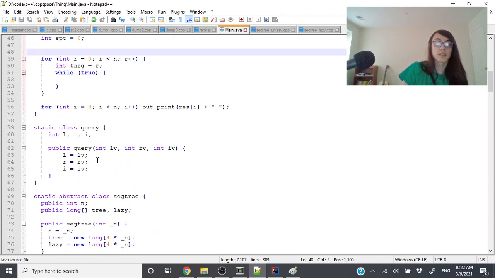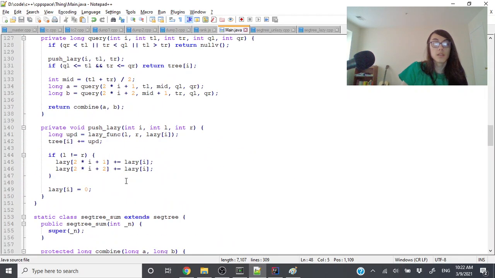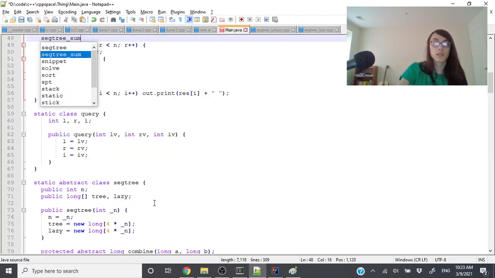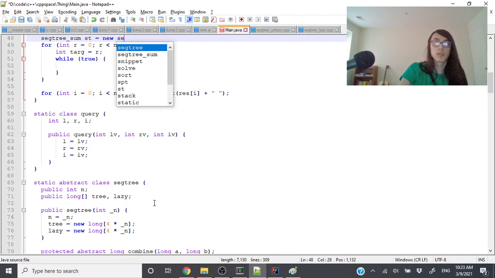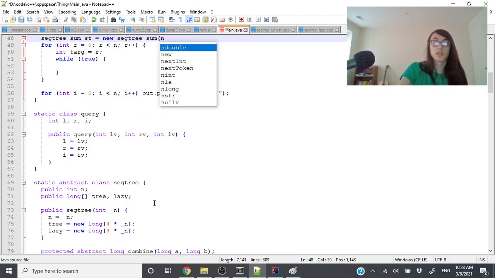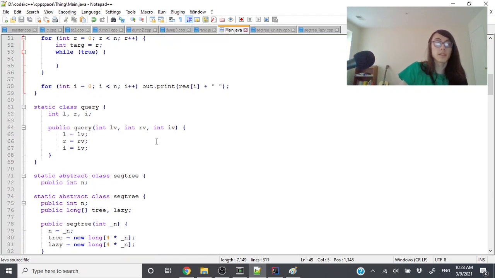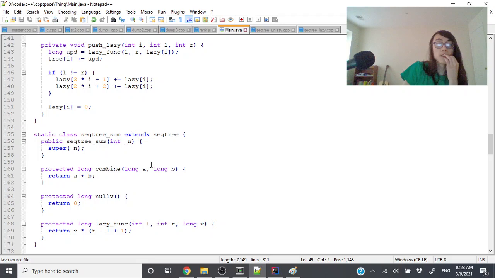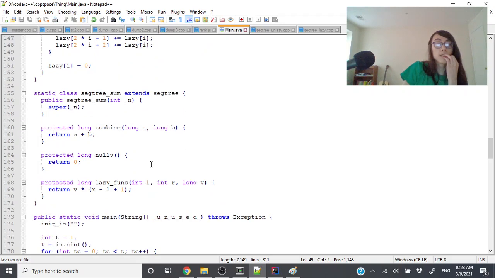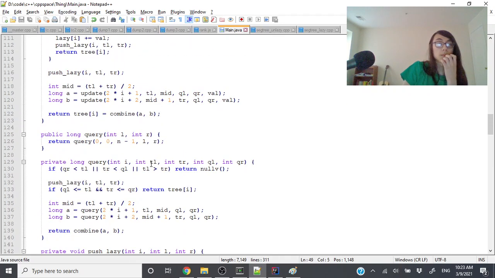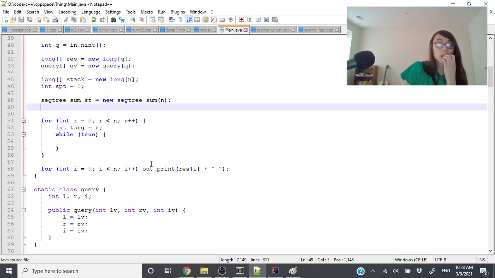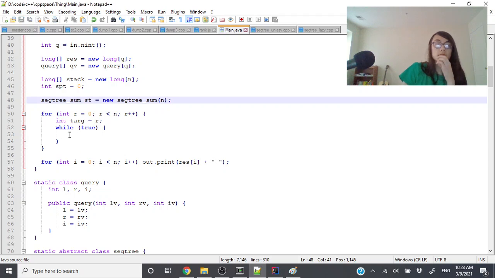Also we need a segtree, make it of n. How does this work? Okay, we can initialize it with an empty array. Yeah, sure. Alright, cool.